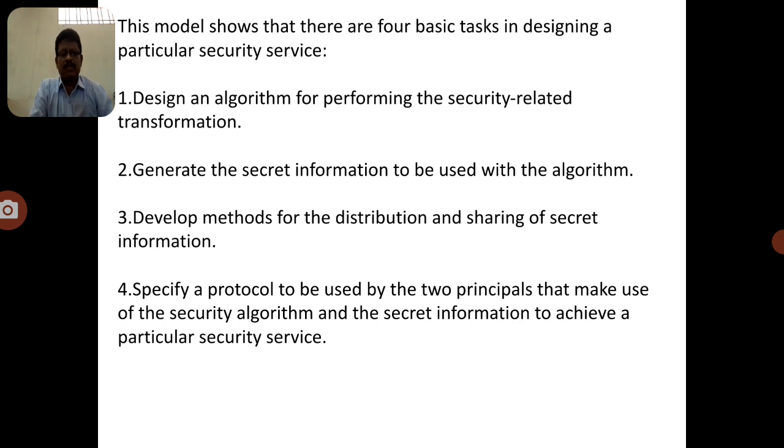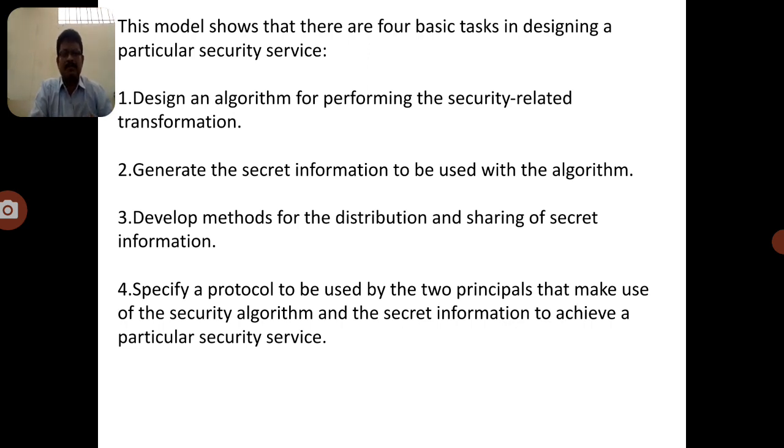Before the importance of cryptography, we first need to identify the 4 sequence of steps which help to identify the concept of security. The first one is to design an algorithm for performing the security related transformation. That means we provide some algorithm which protects that particular information.